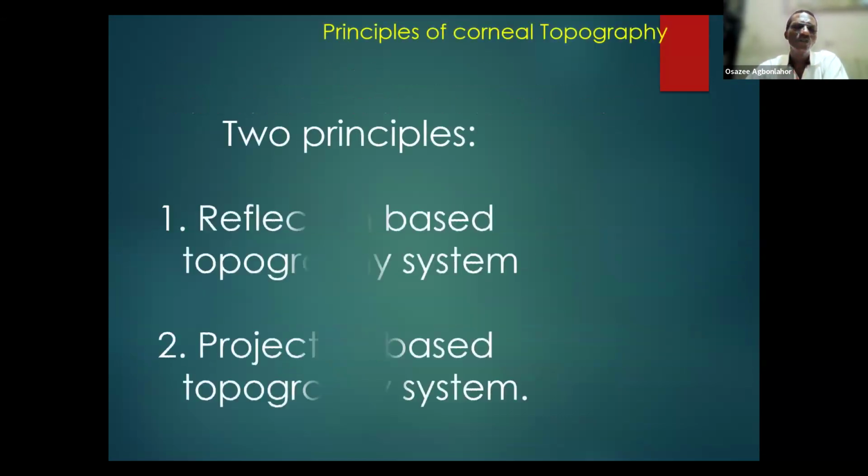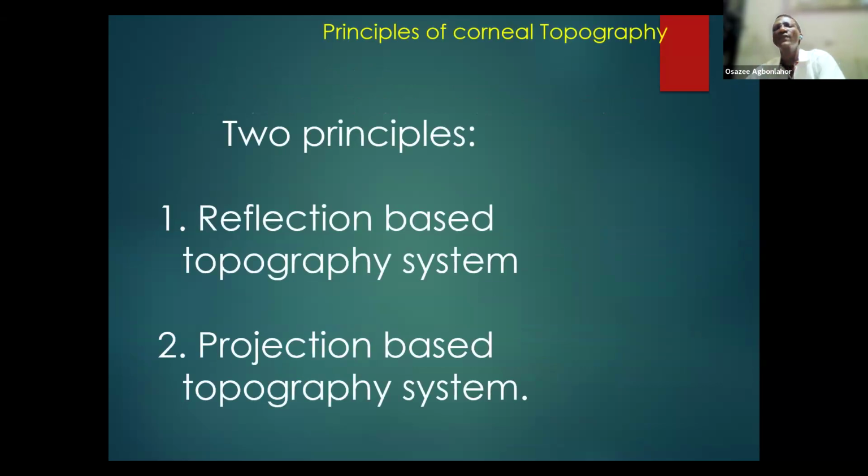So these principles are two, like I said earlier. First, we have the reflection-based topography system and the projection-based system. They're a bit similar, but there's a difference. Reflection-based talks about projecting ring-like lights in front of the cornea, a transparent surface that has the property of reflecting back whatever is shown on it.